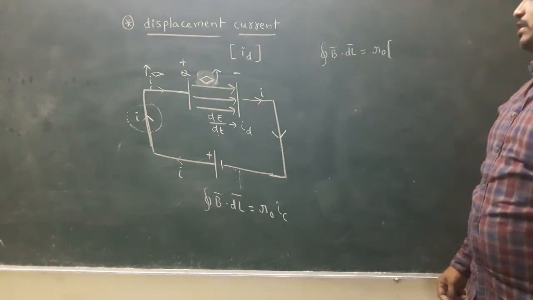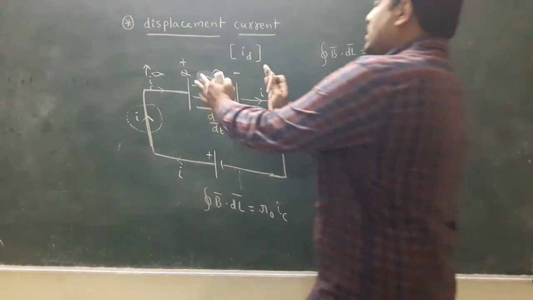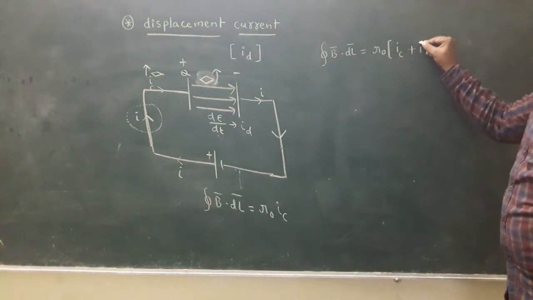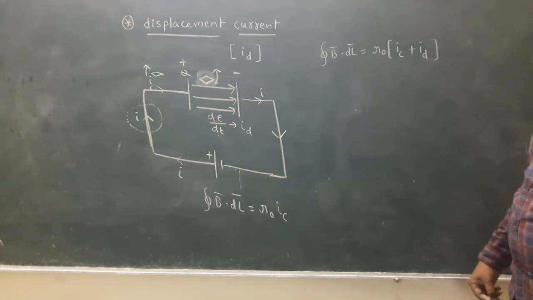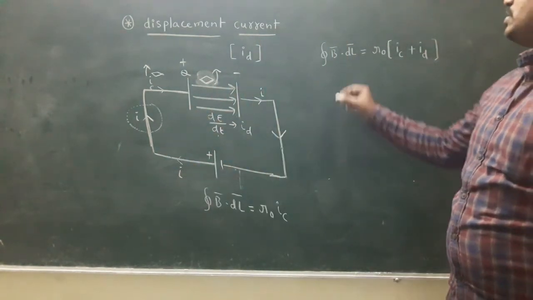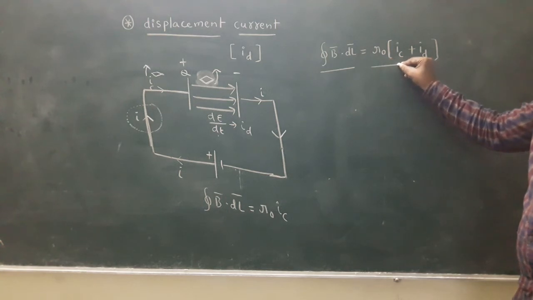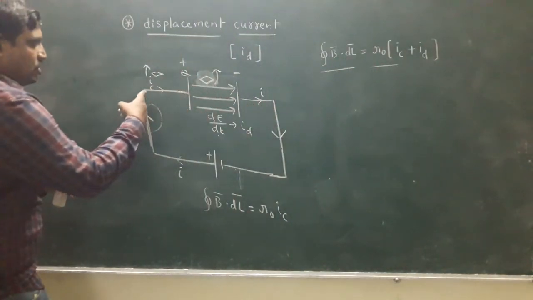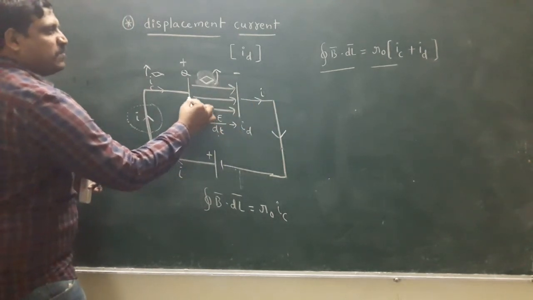The correction is: integration of B dot dl equals mu naught into the total current. The total current is the conduction current outside, plus the displacement current between the plates of the capacitor. So the correction is integration of B dot dl equals mu naught into (I_C plus I_D). Here I_C is the conduction current, the battery current, and I_D is the displacement current.